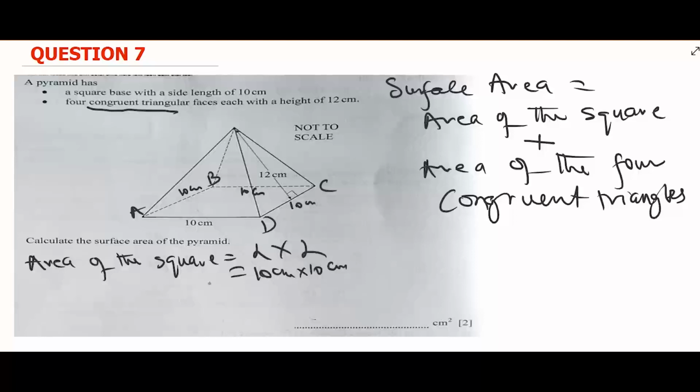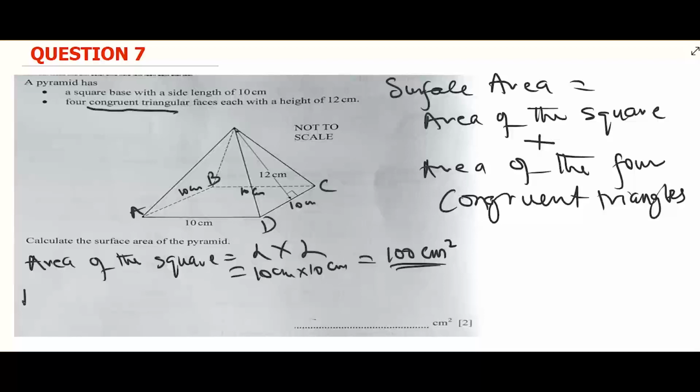In this case, it will be 100 squared centimeters. So this is the area of the base, which is the area of a square. So next is to calculate the area of a face of a triangle. Then we multiply it by 4, since all the 4 triangles are congruent. That means they have the same area.